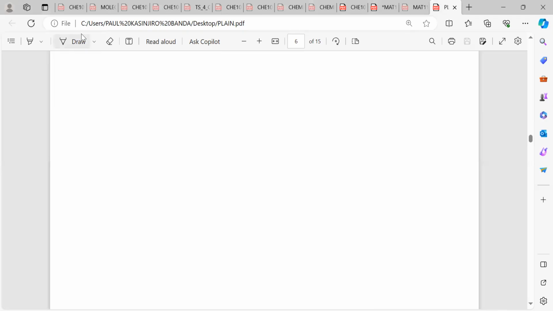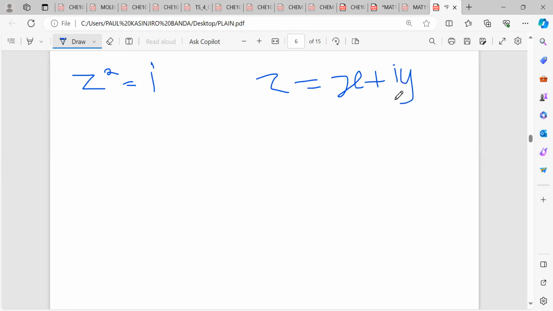So we have z squared is equal to i, where z is equal to x plus iy or yi, it's just the same thing. In order for us to solve this question, we have to know complex numbers. What are complex numbers? They're just a combination of an imaginary number, which has i, and a real number, which is just the normal number.